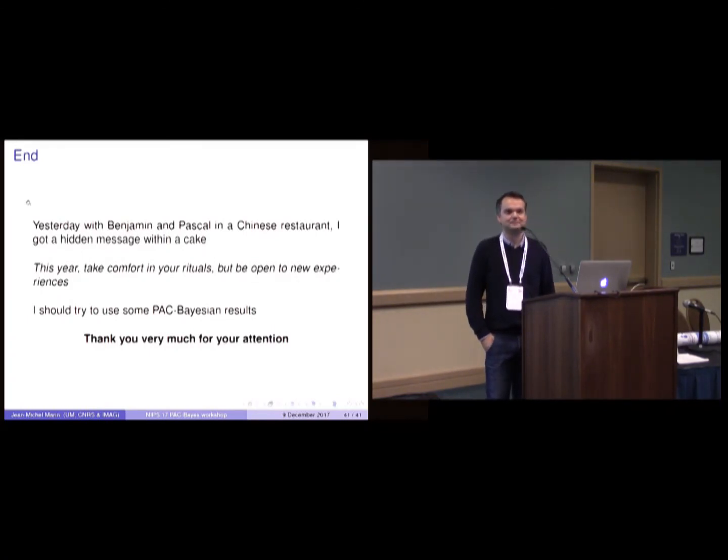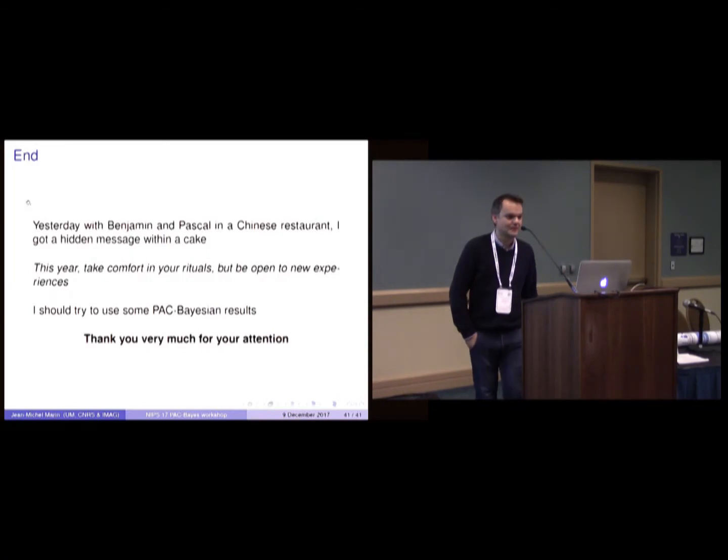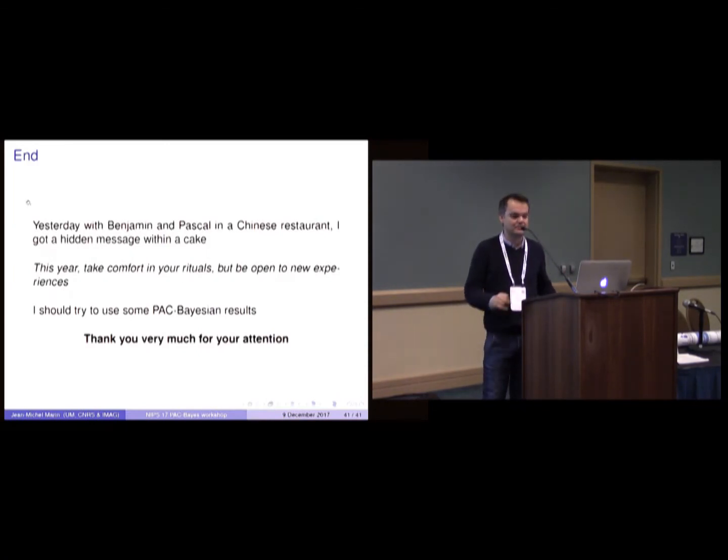I will try. Yeah, thank you for the talk. Can you comment on the connection with the frequentist indirect inference, which seems to be a similar approach? Okay, so the question is about the connection between ABC approximation and frequentist indirect inference.